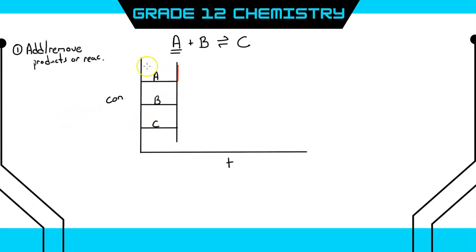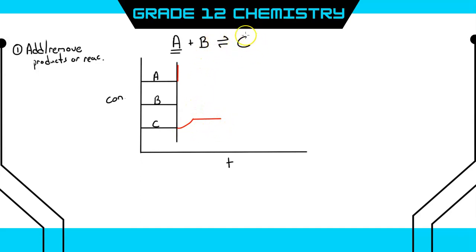So this is going to shift equilibrium. Because I have more of A, there are going to be more collisions now between A and B. They'll be more frequent, and therefore we're going to produce more products. So C is slowly going to increase a bit until it reaches some new equilibrium position.